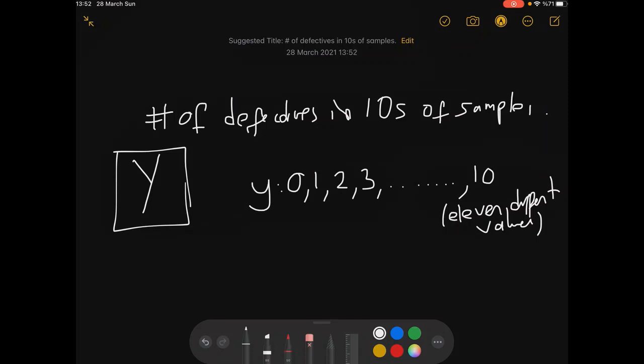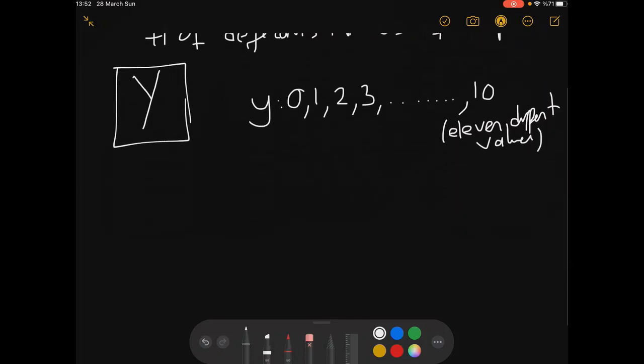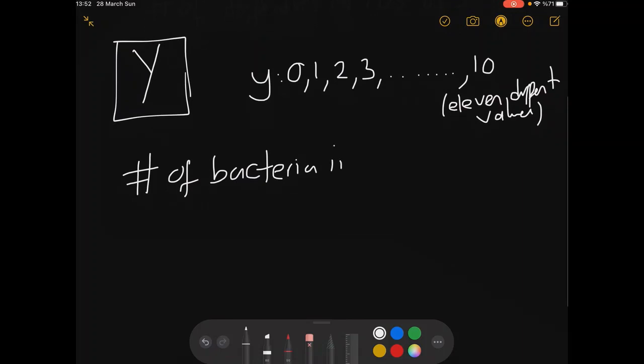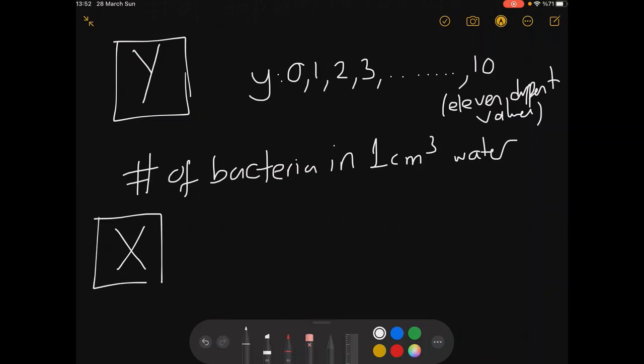for the Y random variable here. Or suppose that you're talking about the number of bacteria in a particular water container, or in 1 cubic centimeter of water here. Again, this time your capital X would be your random variable, and your X will take values 0, 1, 2, up to what?